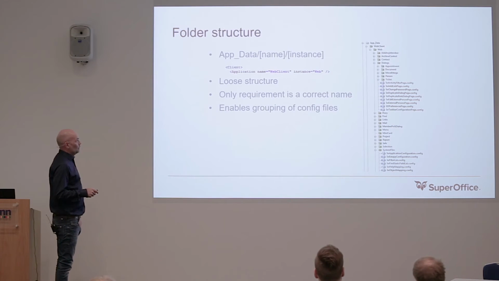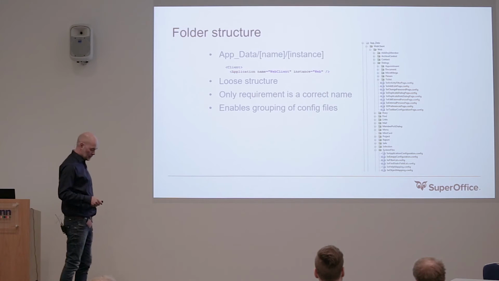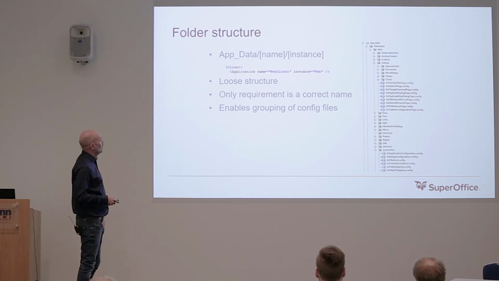But inside web, you can organize as you want. The system will find it anyway. You don't have to do anything. Yes, you can have as many folders as you like.